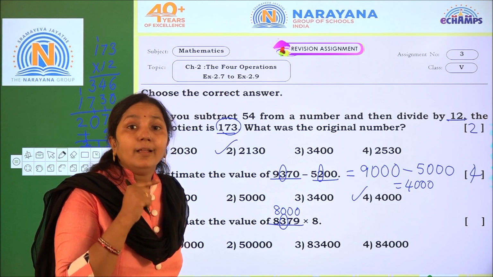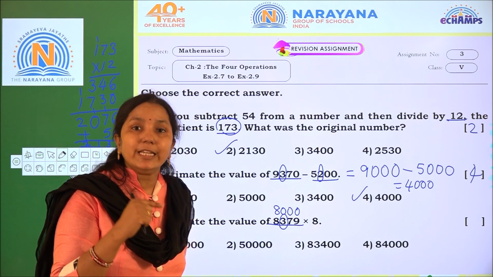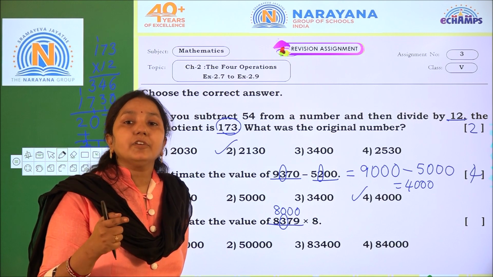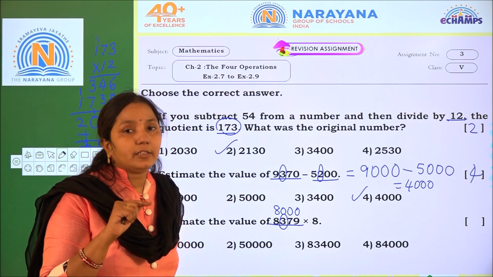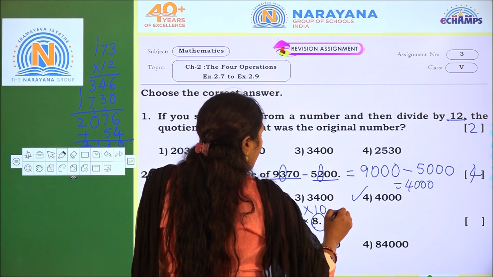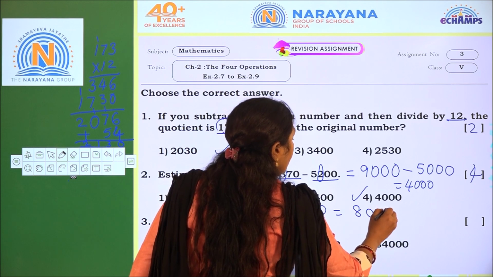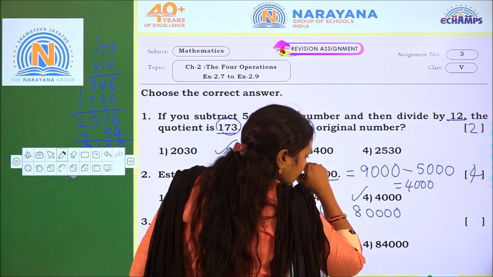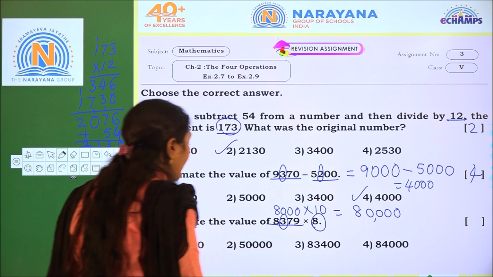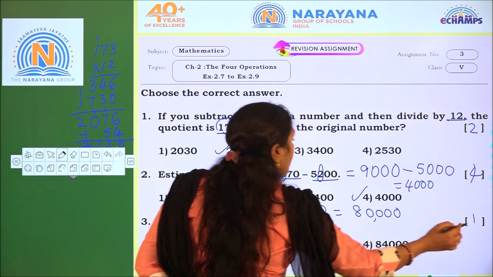The number is between 8000 and 9000. Below, what do we take? 8000. So 8 is nearer to 10. So multiply 8000 into 10. What did you get, children? 80,000. Which is the correct option? Option 1.